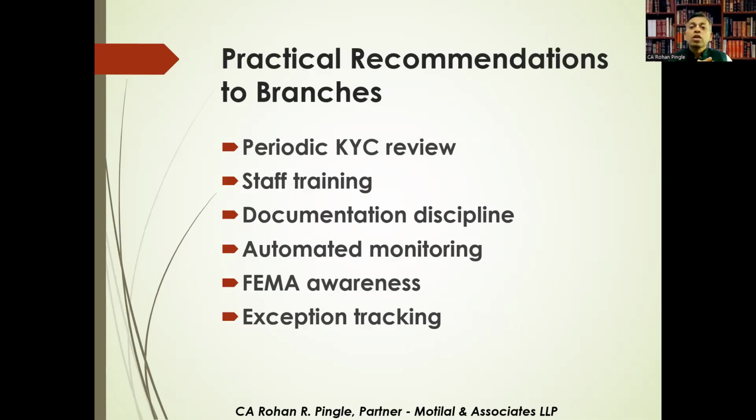Also, strengthening maker-checker controls, very important, centralized scrutiny for high value transactions, and timely closure of compliance exceptions. Forex operations require continuous vigilance because regulatory expectations are increasing every year.